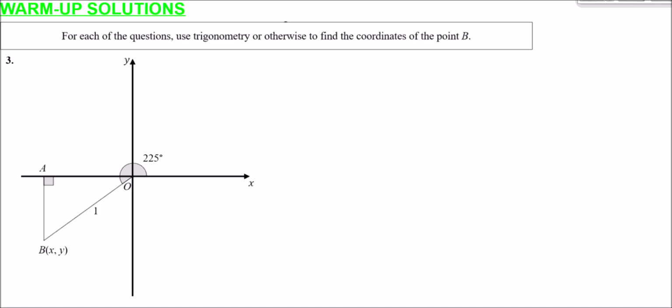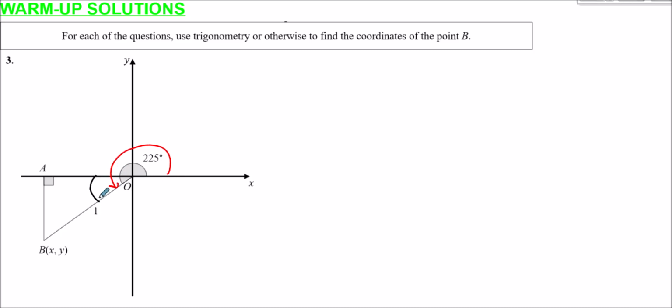So similar idea, we've got a right-angled triangle, only here the angle measured from the positive x-axis around to the point of the line OB is 225. So with basic right-angled trigonometry, again like I've said before, we need an acute angle to work with. And so if this is 225, you can consider this as being 180 degrees plus an extra 45.